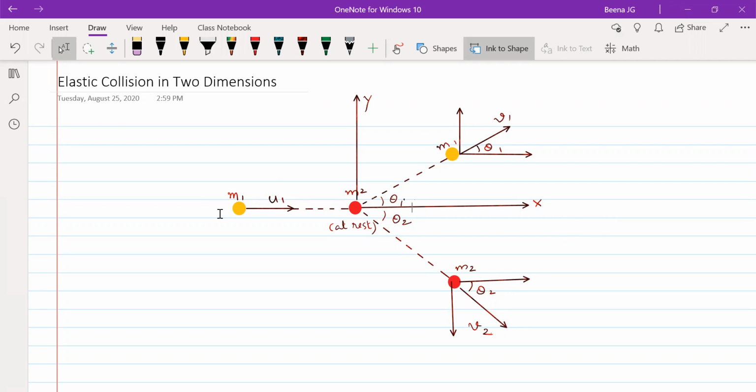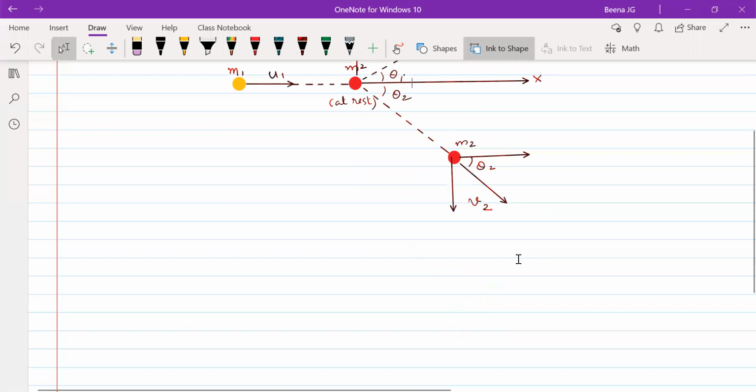Remember, momentum is a vector, so we have to consider the vector components of the momentum. And after collision, they are moving in different directions. So for the final momentum, we have to consider the x and y components separately. So we are going to write the equations based on conservation of momentum separately for the x and y axes.